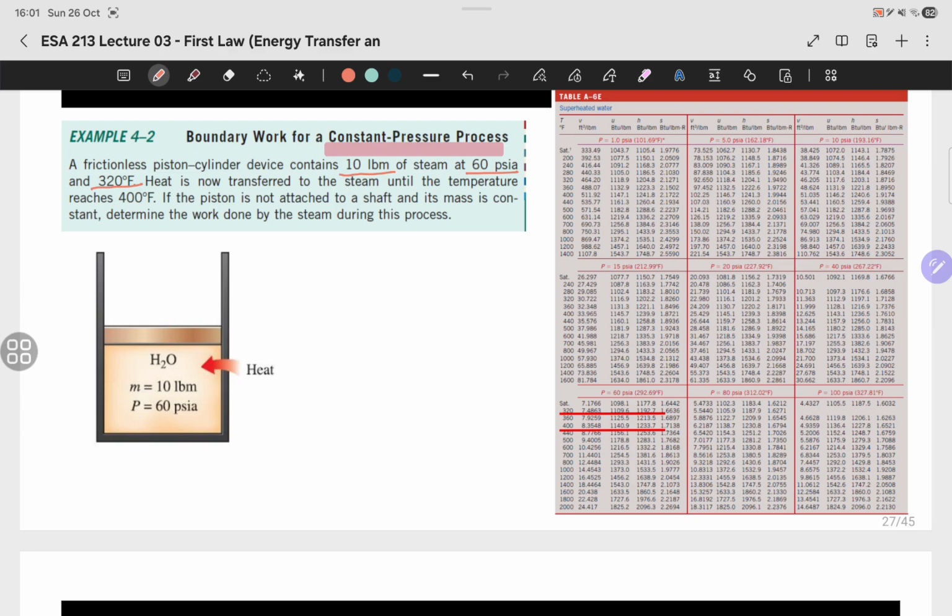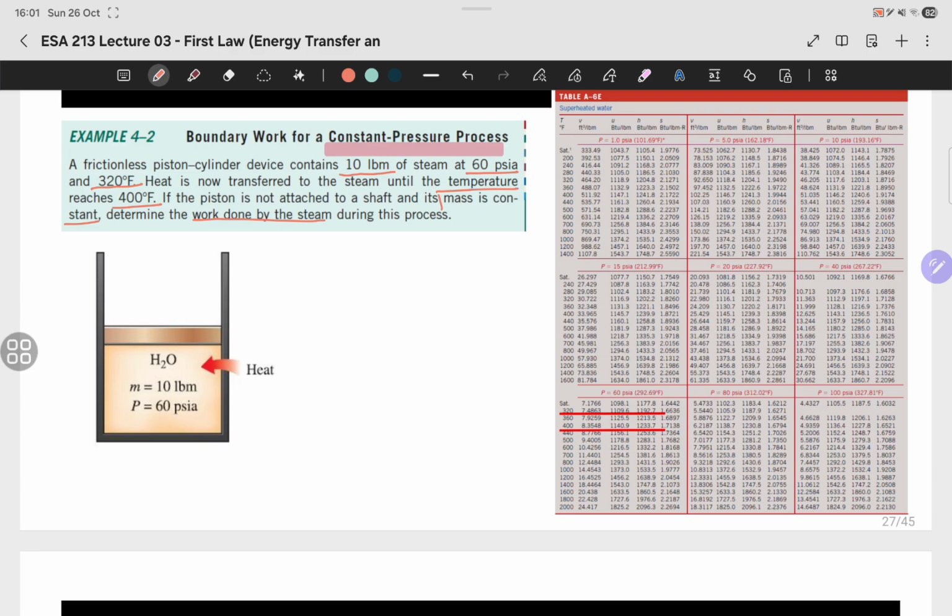Heat is now transferred to the system until the temperature reaches 400 degrees Fahrenheit. If the piston is not attached to a shaft and its mass is constant, determine the work done by the system during this process.